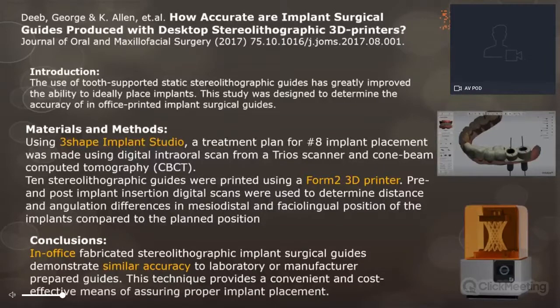You can get a printer chairside, which will give you the correct accuracy or adequate accuracy for most dental models and aligners and surgical guides. But the conclusion here is that in-office fabricated stereolithographic implant surgical guides demonstrate a similar accuracy to lab or manufacturer prepared guides. So it gives us a convenient and cost-effective means of assuring proper implant placement.